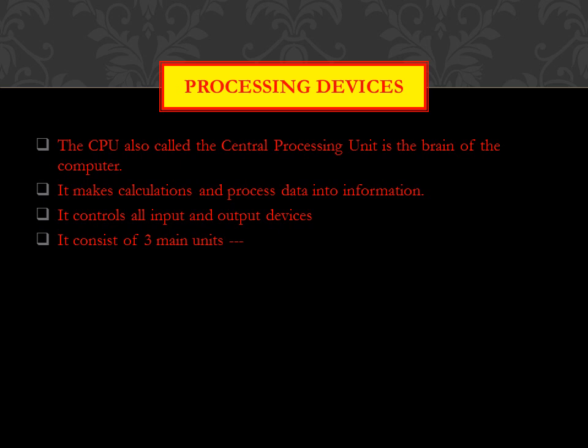It controls all input and output devices. So all these are the important functions of the central processing unit, which help it to convert the data into information. But the CPU alone cannot do all these things, so it comprises three main units.